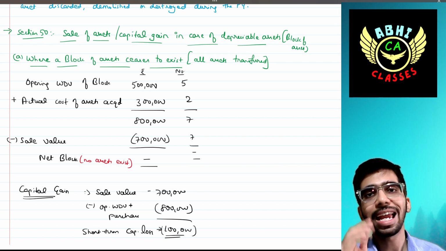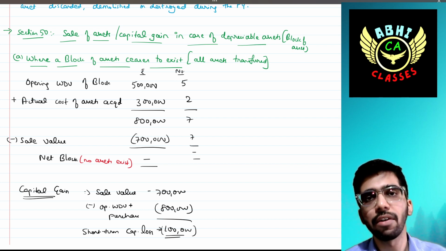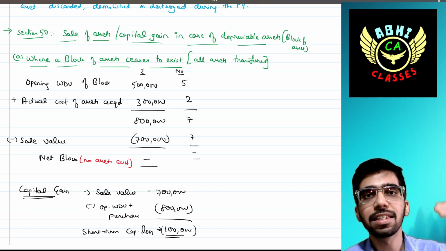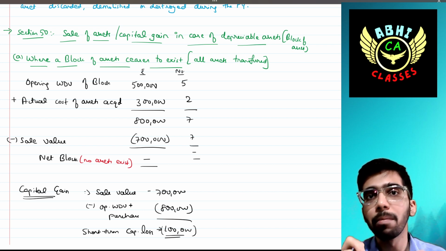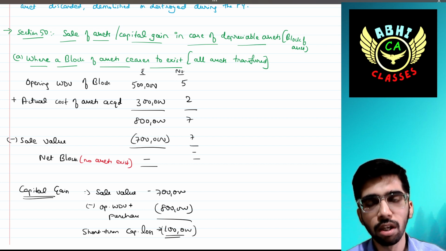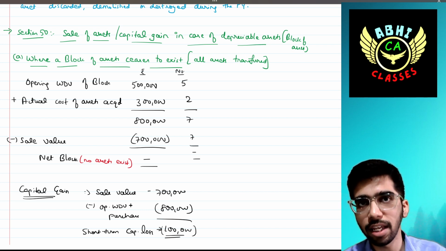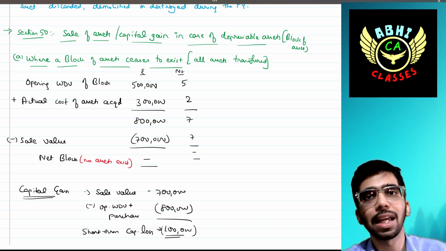So the entire 8 lakh rupees is for 7 machineries. 7 machineries costing 8 lakh are lying in the block of plant and machinery, out of which all 7 machineries have been sold in the previous year 23-24 for 7 lakh rupees. Even though the remaining 1 lakh is there, there is no asset to count, and accordingly there arises a capital gain or capital loss concept.